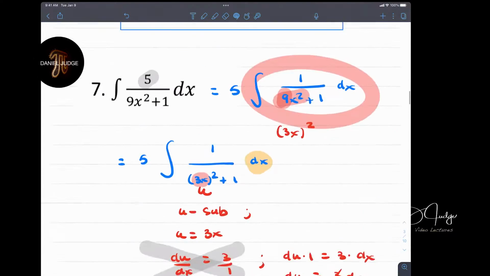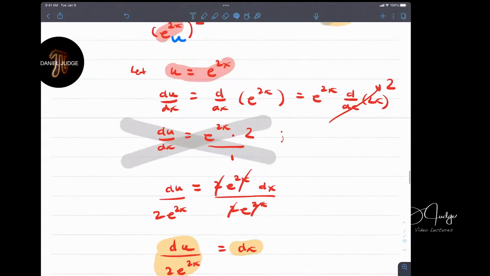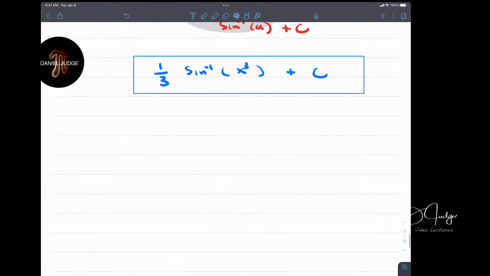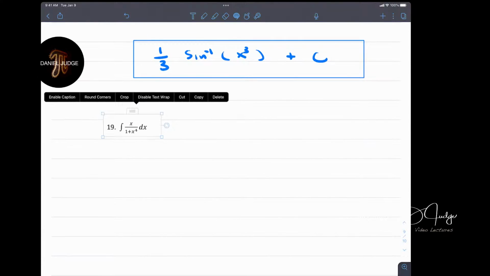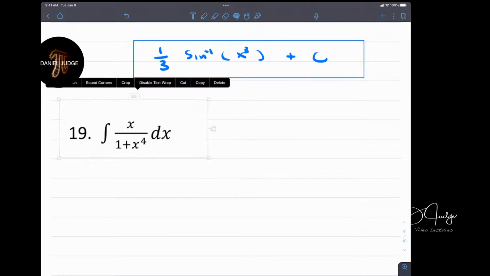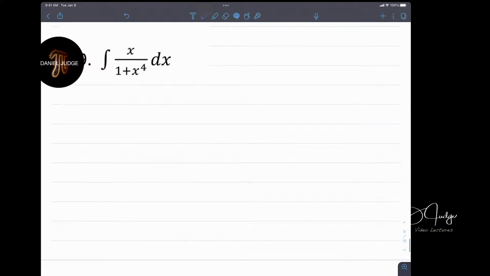19 is very similar. Doesn't seem like you can integrate it this way. Here's what I mean. This portion here, we want to write with the power 2 outside.